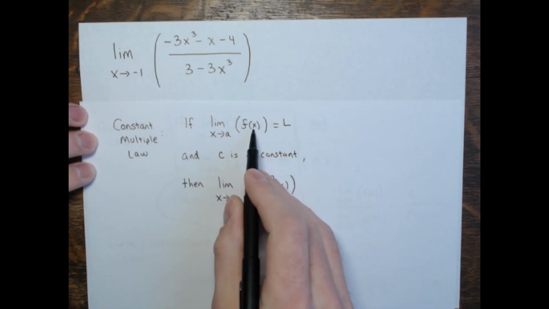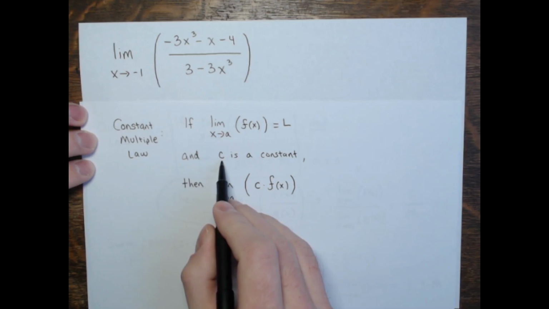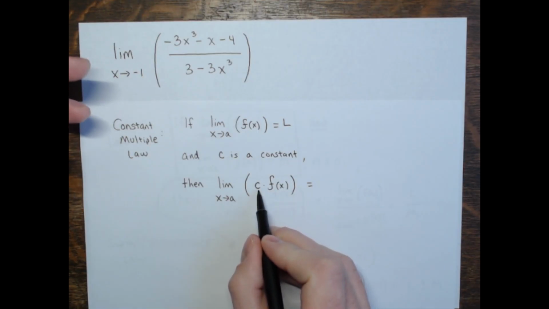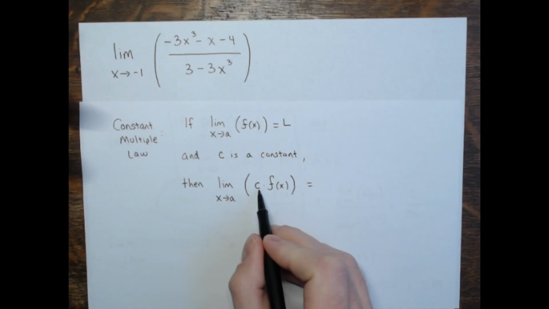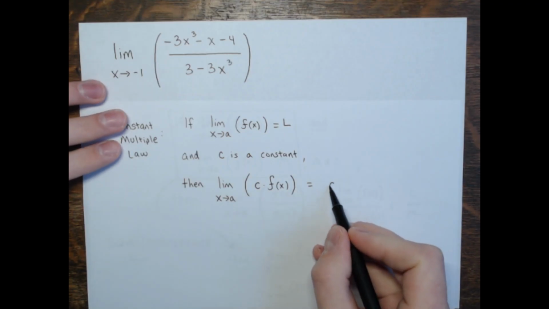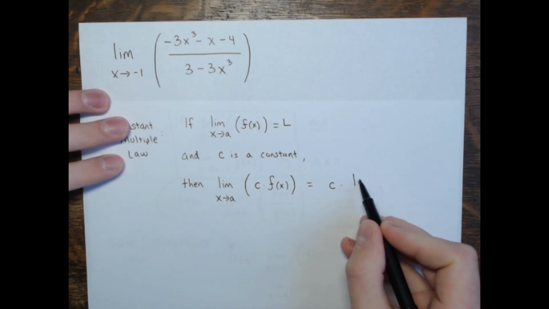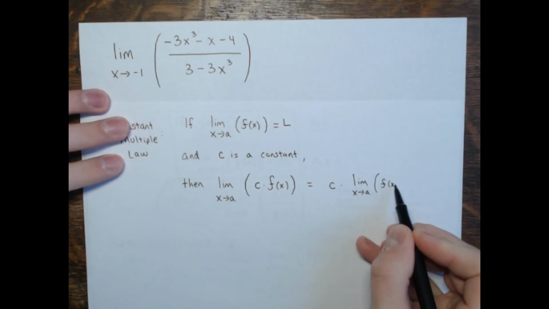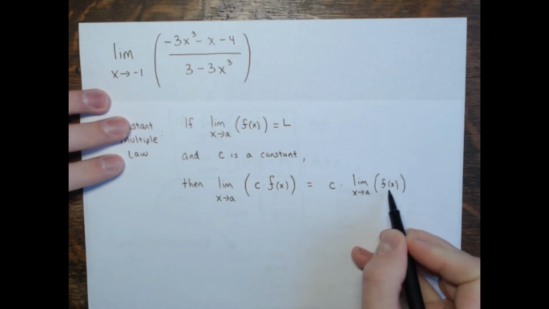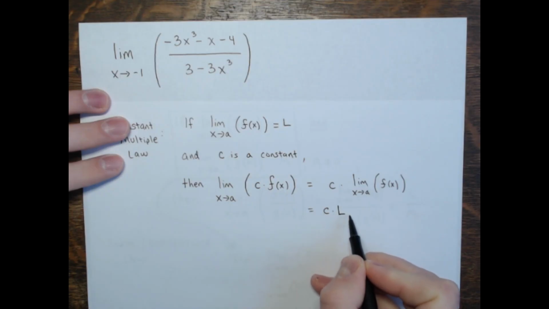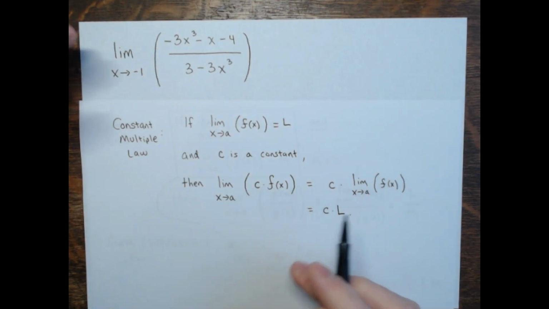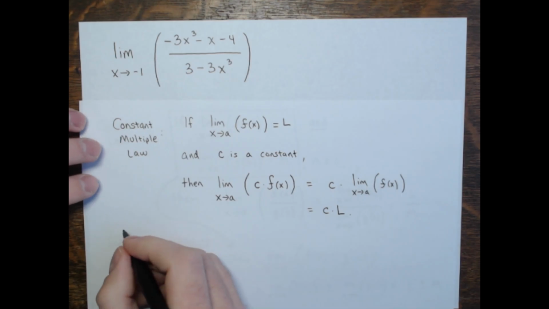I take our original expression and multiply it by some number, some constant c, like the coefficient of f. You can just pull c out, and have it be c times the limit as x approaches a of just the original expression f, and that exists and is L, so we end up with c times L.